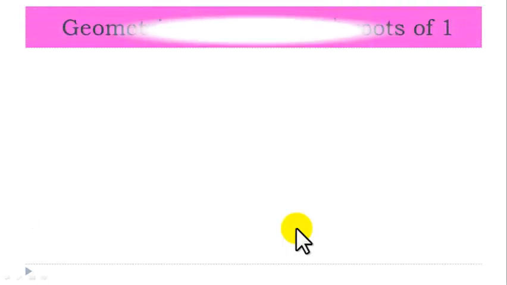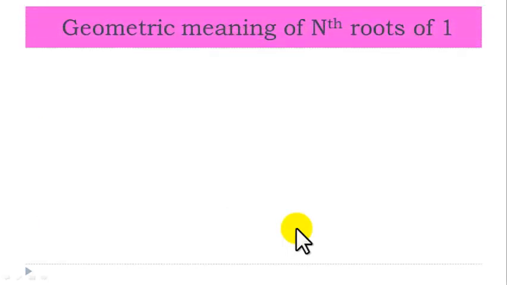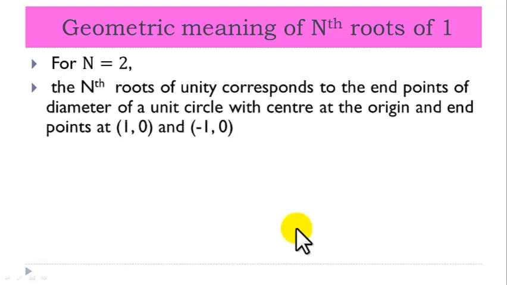Now, let us look at the geometric meaning of nth root of unity. For n equals to 2, the nth root of unity corresponds to the end points of a diameter of a unit circle with center at the origin and end points at the points 1, 0 and minus 1, 0.